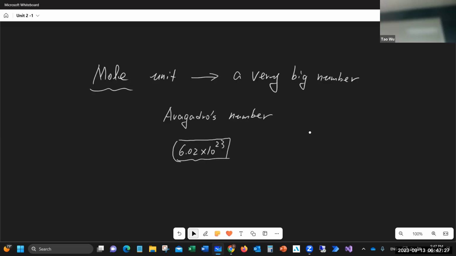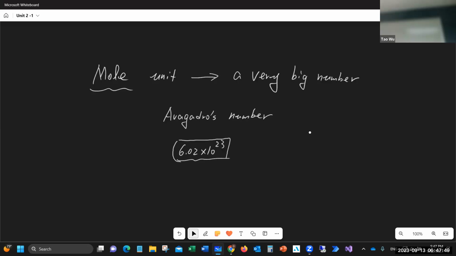What do you think? I guess it's not the mass of the Earth. Of course, it's much bigger. Earth, not that big. All the Earth.